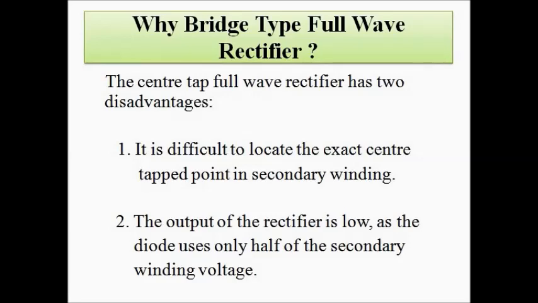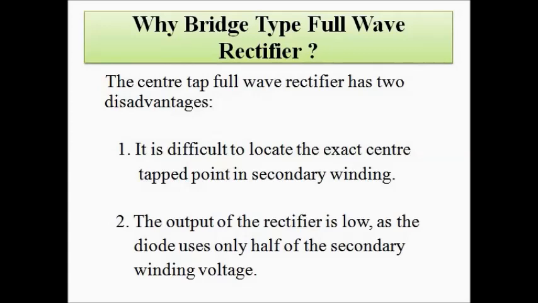Why the bridge type full wave rectifier? There are two reasons why the bridge type full wave rectifier is generally used in place of the center tap full wave rectifier. As I said in my previous video, the center tapped full wave rectifier has one major disadvantage, which is that it is very difficult to locate the exact center tap point.